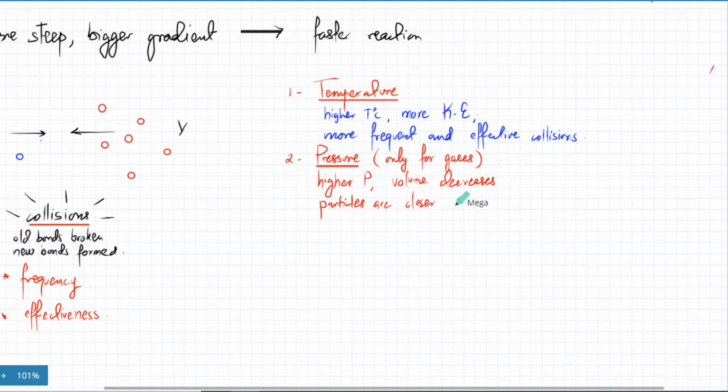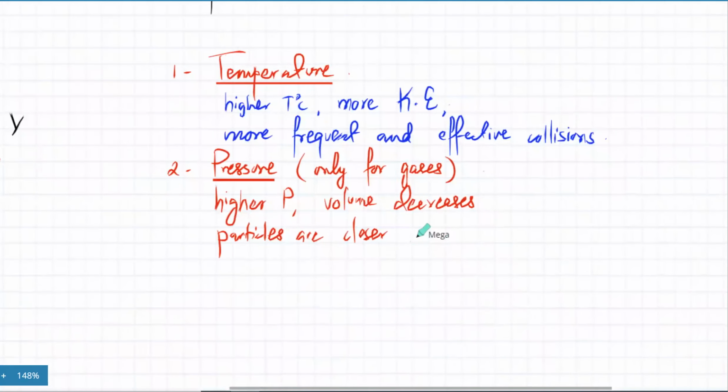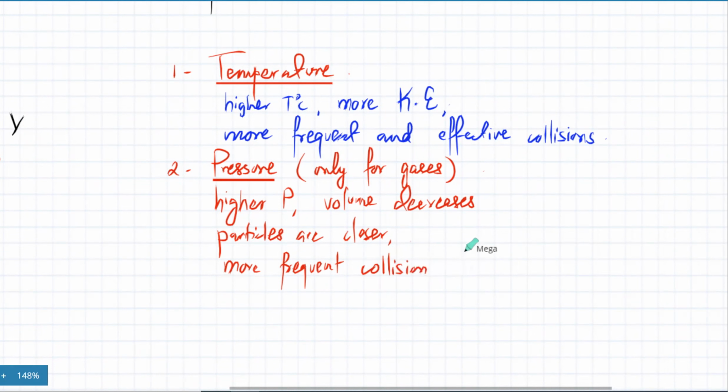And if particles are closer, they're going to have more frequent collisions only, not effective. Just more frequent collisions, because the particles are not becoming more energetic, they're just closer together. So they'll just bump into each other a lot more, and the effectiveness remains the same.